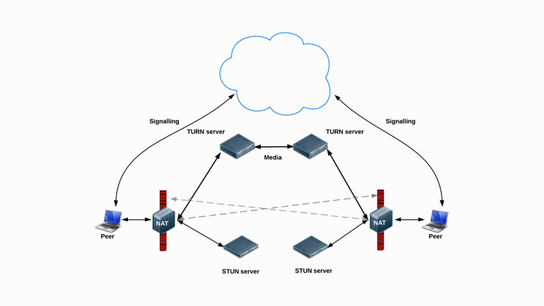A TURN server has a public IP, so it can be connected to by peers, even if the peers are behind firewalls or proxies. But you need to create a connection on the TURN server and then tell all the peer devices to send packets to the server, and the TURN server forwards the packets to another peer. Obviously, this approach is very overhead intensive, so it is only used if you have no choice.